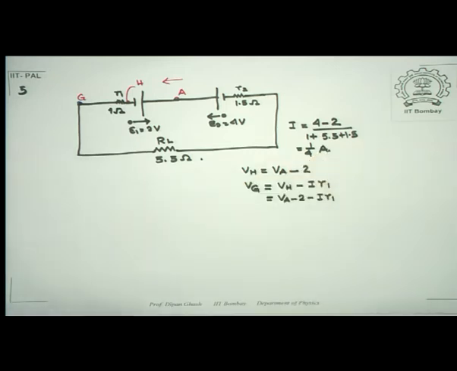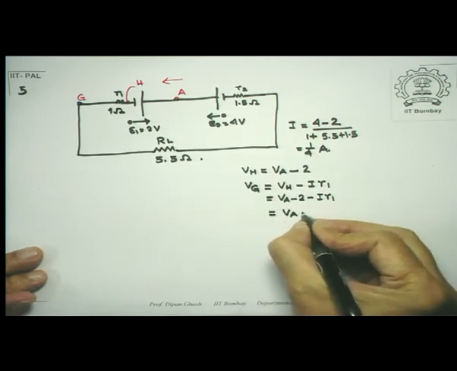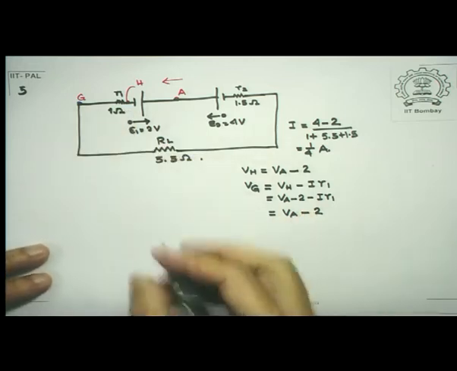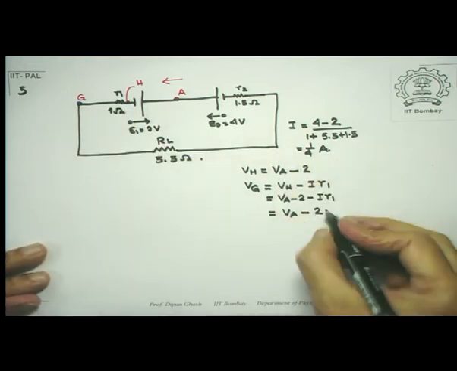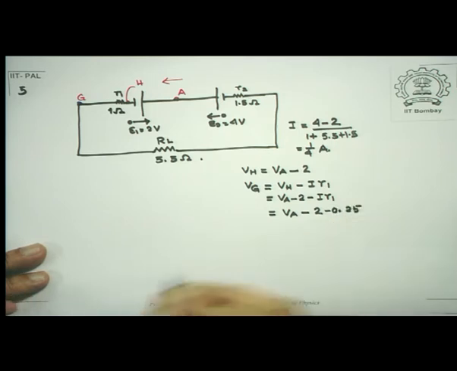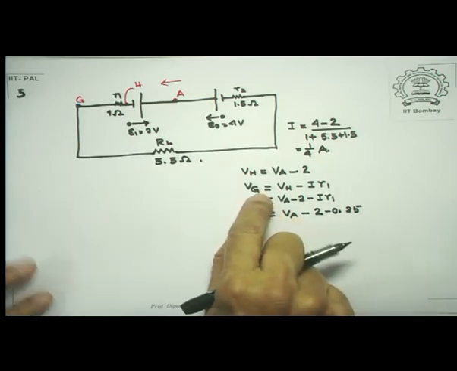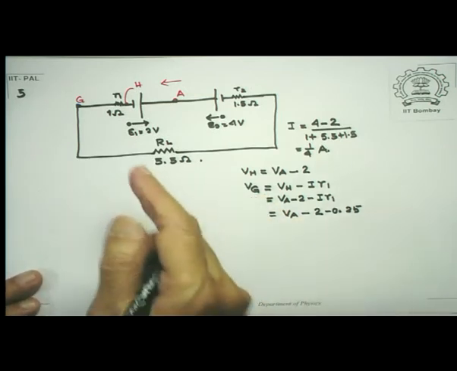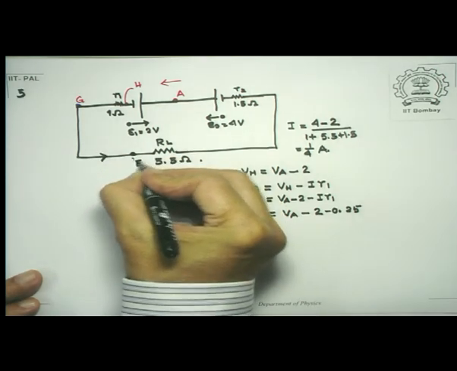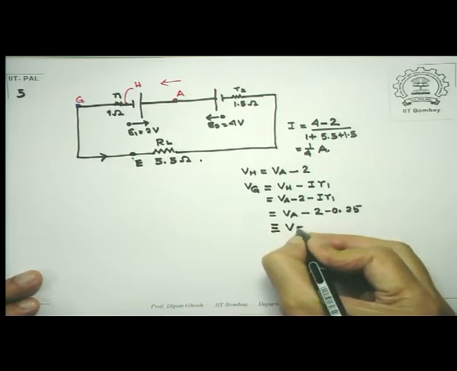Okay. So how much is this? This is Va minus 2, R1 is 1 ohm, so therefore 1 into 1 by 4, which is 0.25, and that is Vg. But then Vg is also equal to Ve, because there is nothing in between, these are resistanceless wires, so this is identical to Ve.